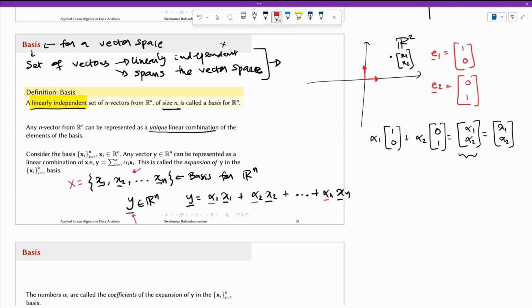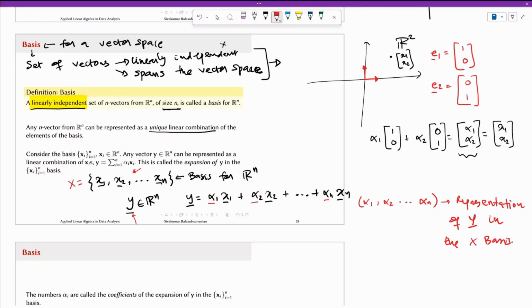That means these numbers alpha 1, alpha 2, alpha n are in fact a representation of y in the basis x. Notice that alpha 1 to alpha n are a representation of y only if you choose to use the x1 to xn basis. If somebody else uses a different basis, z1 to zn, the alphas will be different. So for them, the representation of the number would be different.